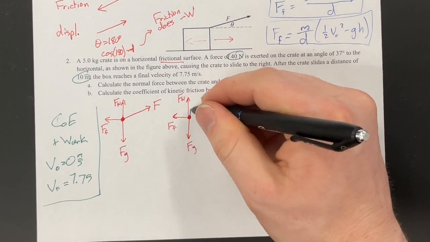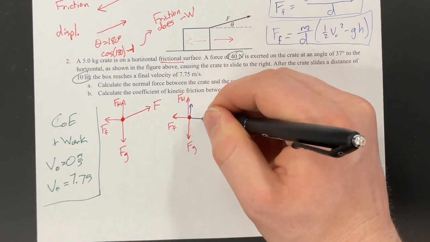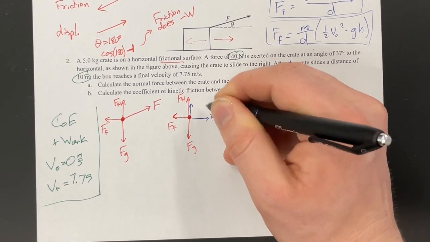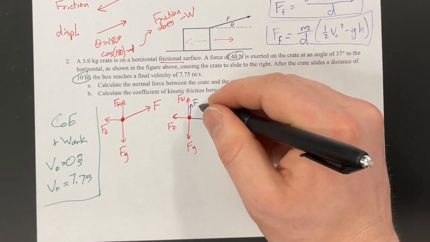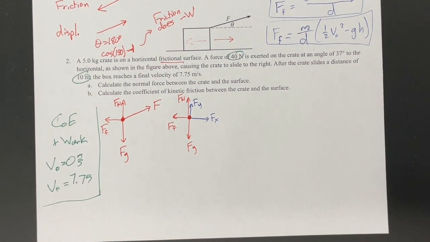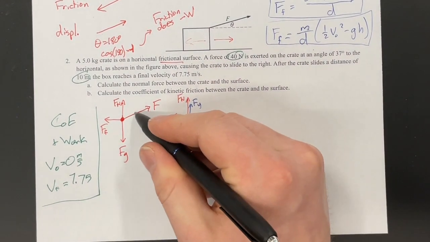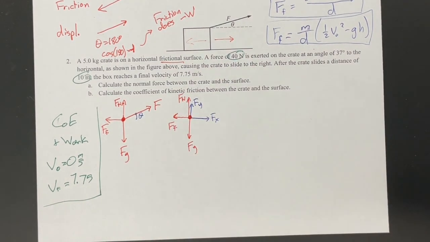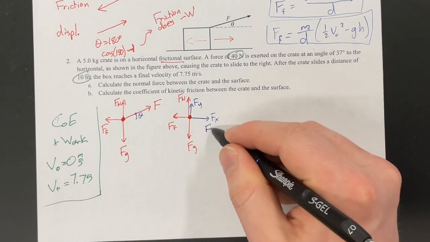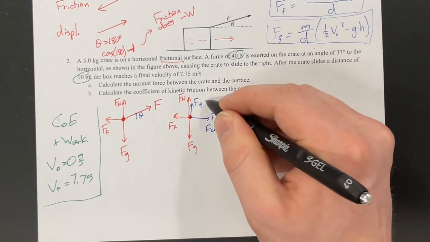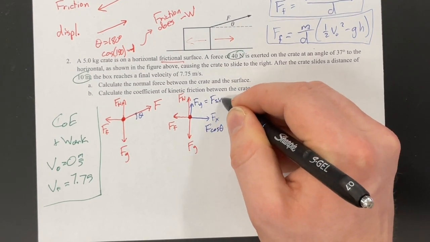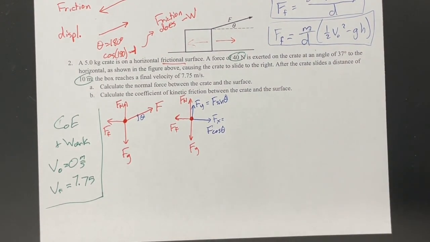Then let's break up the angled force into its components, right? The pull force in the x-axis, the pull force in the y-axis. And since we are given the angle theta to the horizontal, that's going to be F cosine theta. That's going to be F sine theta. That's just our regular stuff to the horizontal axis.